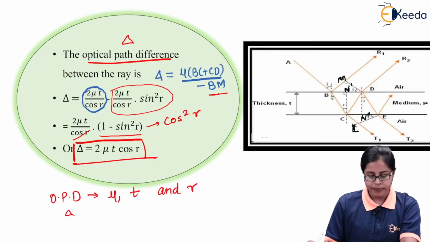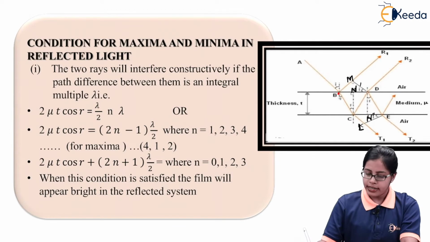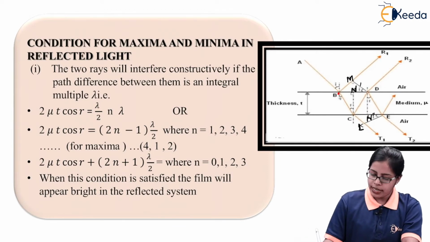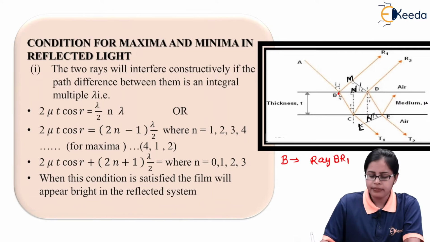So when I consider this point B, from this point B, the reflection is occurring obviously, and I'm getting a ray that is BR1.